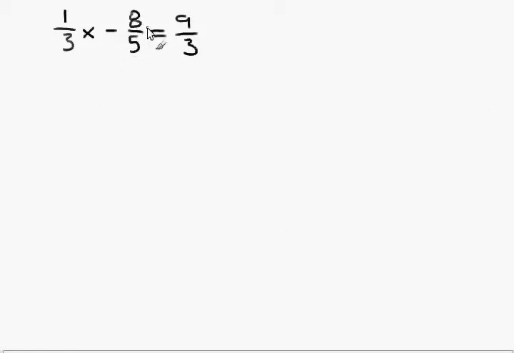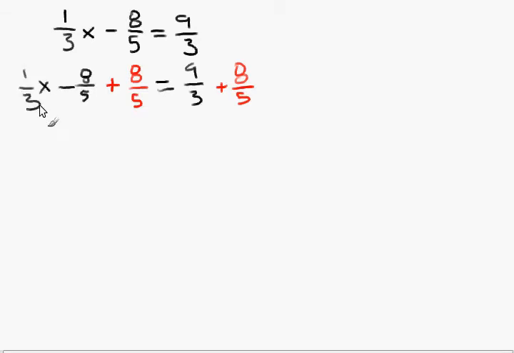We're going to subtract a negative 8/5, or add 8/5, to both sides of this equation. These will cancel, and we'll have 1/3 x = 9/3 + 8/5. Not the best, but we can just leave it as is.